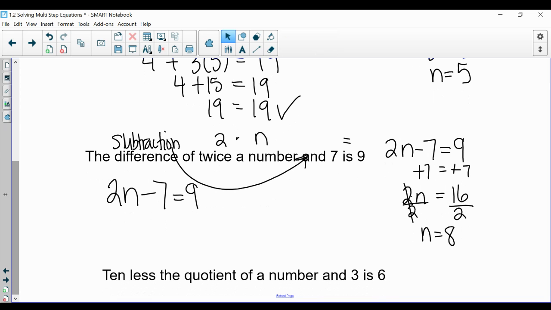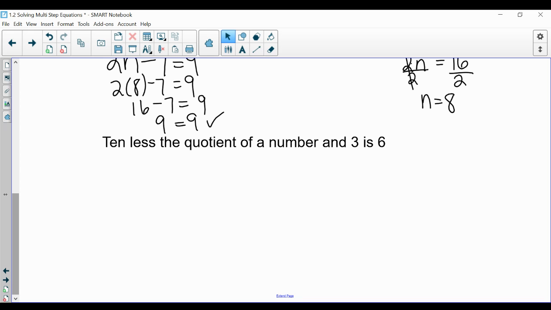I know this video is longer than what I like, but we're almost done. Okay, so this is 16 minus 7 is equal to 9. So this is 9 is equal to 9. So it checks. All right, one more, and then we'll be done.